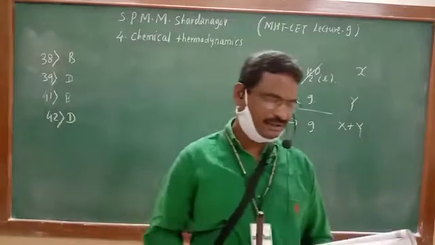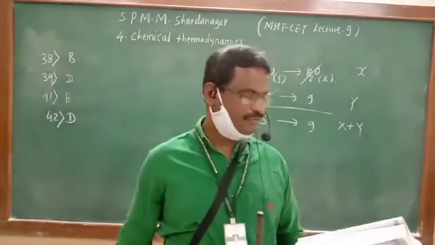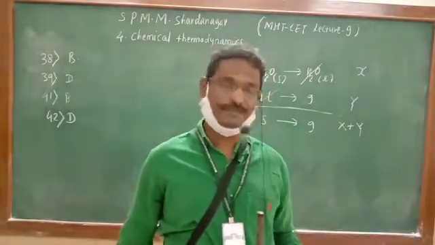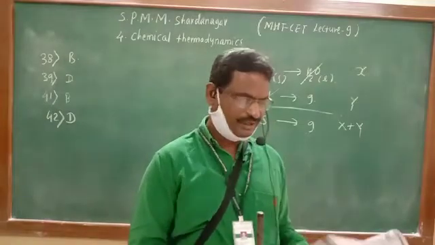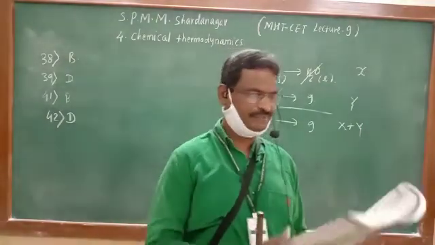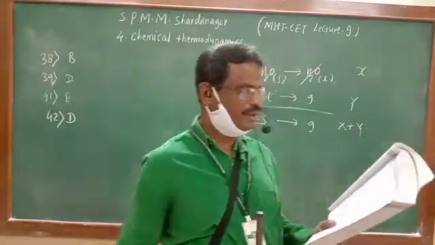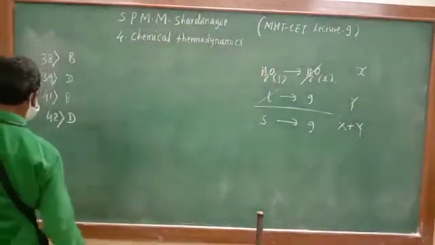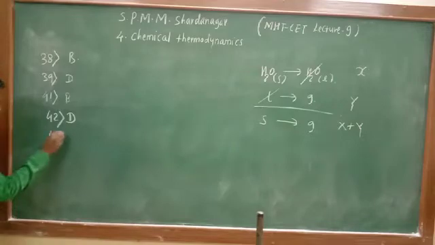The heat of reaction does not depend upon the method by which final products are obtained from the reactants. Next, question number 43. The heat of chemical reaction is given by the following expression.